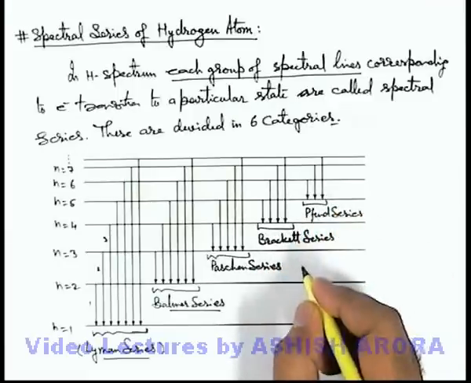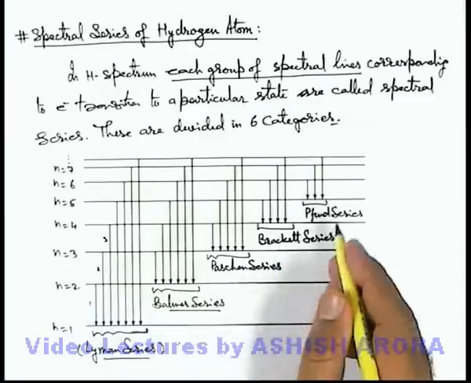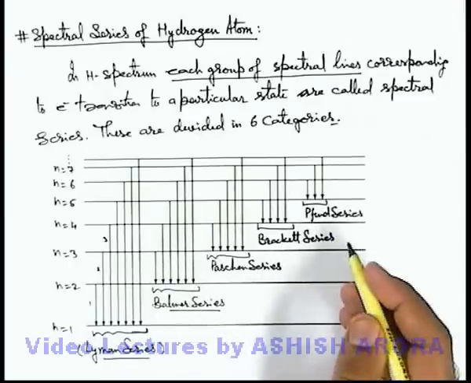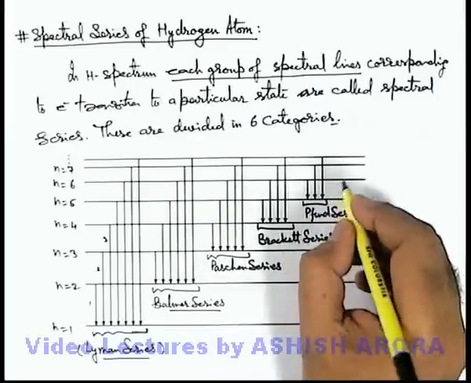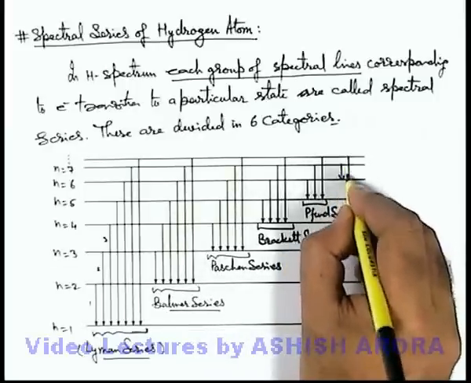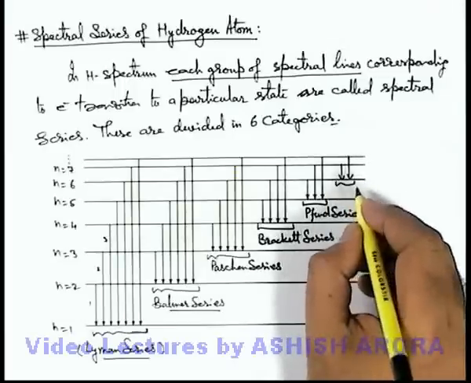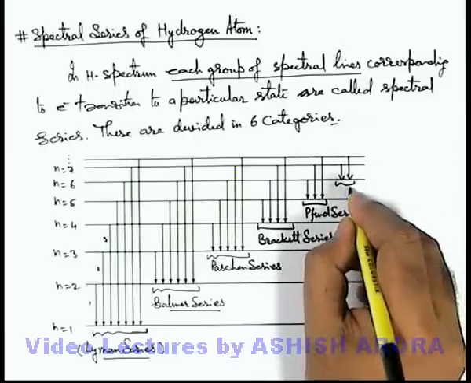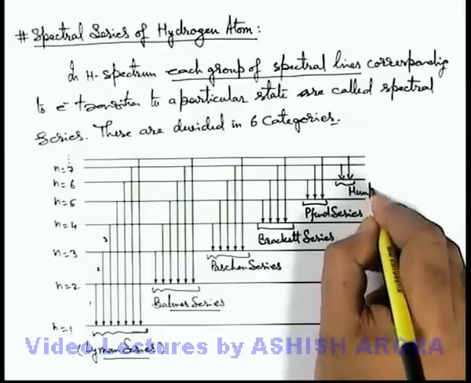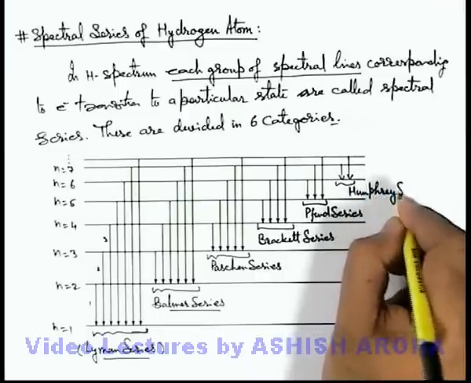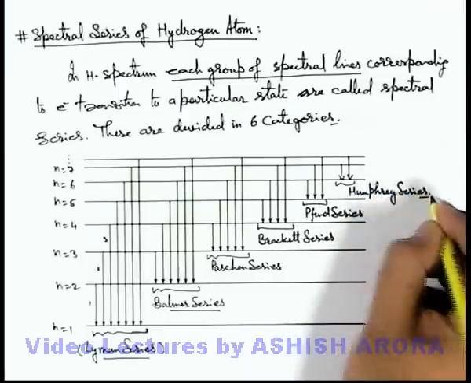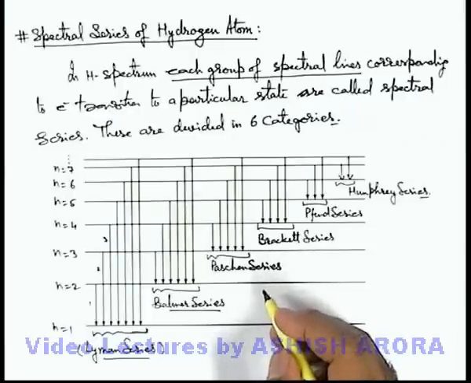Basically, in a practical situation, these 5 spectral series are observed, but in some specific laboratory conditions, when an electron makes a transition to the 6th level, this series is also sometimes practically observed. It is given the name Humphreys series. So these are the 6 discovered spectral series in hydrogen spectrum.